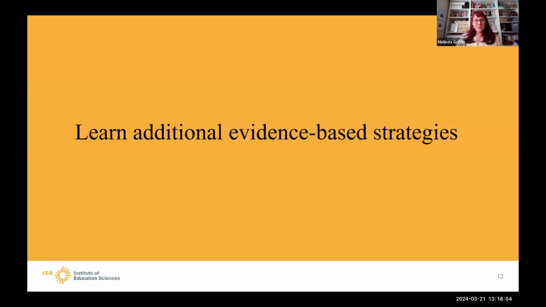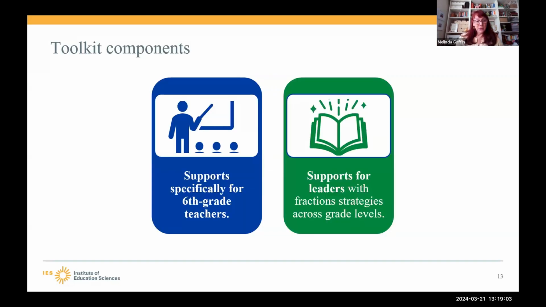All right, let's move on and think about some additional evidence-based strategies that we're going to see in the toolkit itself. So the toolkit components were co-developed, tested, and revised based on educator feedback. We had a great group of teachers from Illinois who've been working with us on the toolkit up to this point. There's teacher supports in here that are specifically focused for grade 6 teachers.